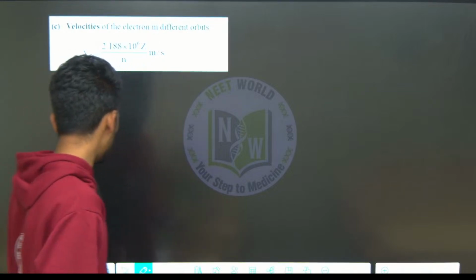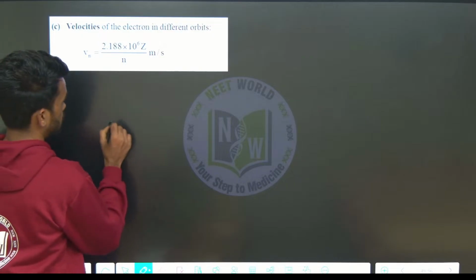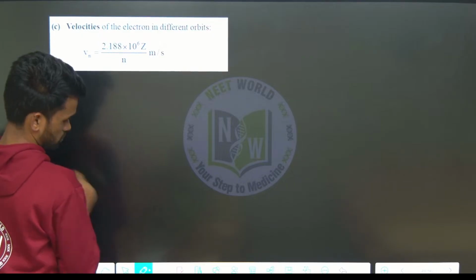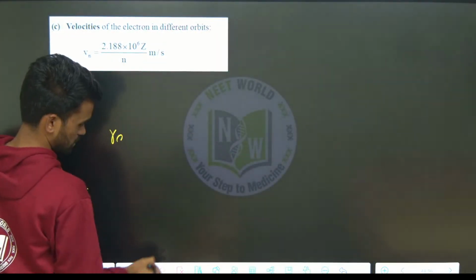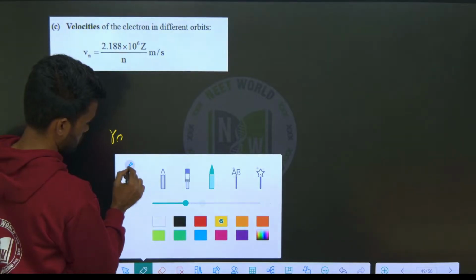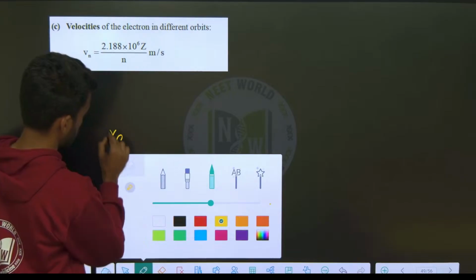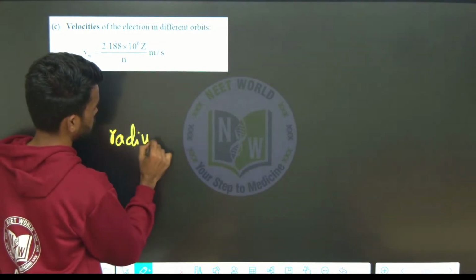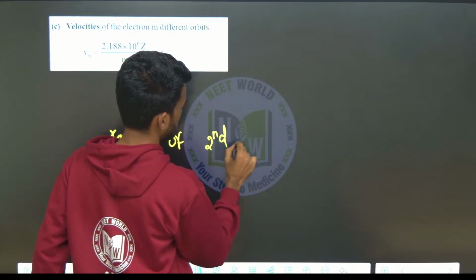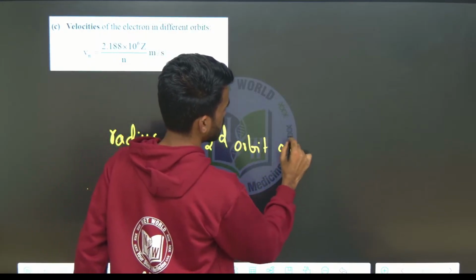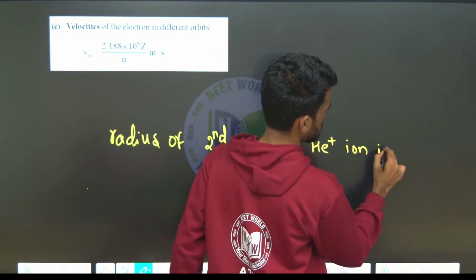Now tell me, the radius of the second orbit of helium plus ion is x.